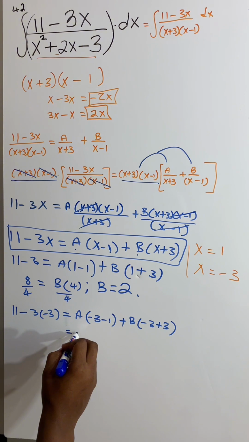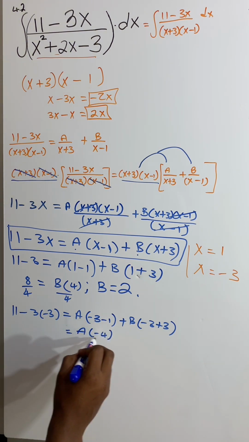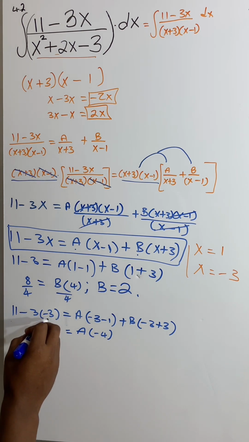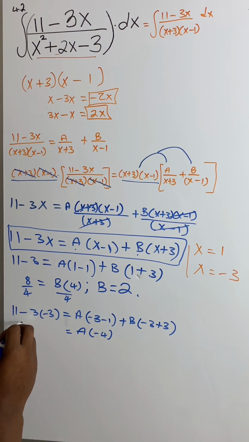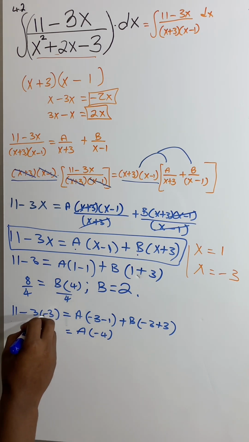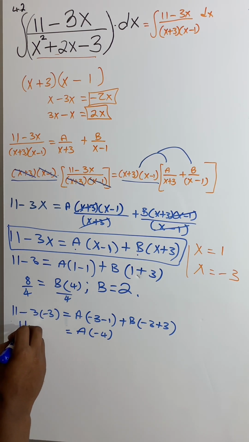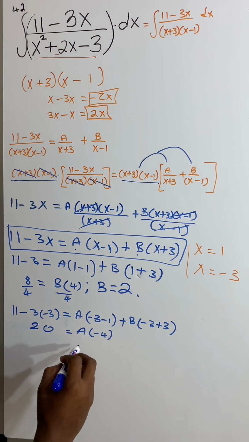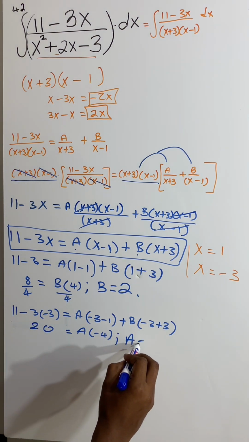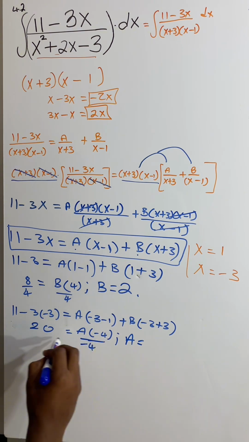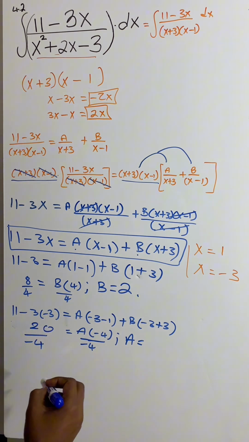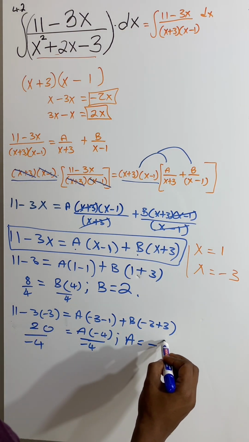So we'll be left with a multiplied by minus 4. 11 minus 3 times negative 3, this will be equals to 11 plus 9, and 11 plus 9 is equals to 20. So we'll have a equal, we divide both sides by negative 4. So we have a as 20 over negative 4, which is equals to negative 5.